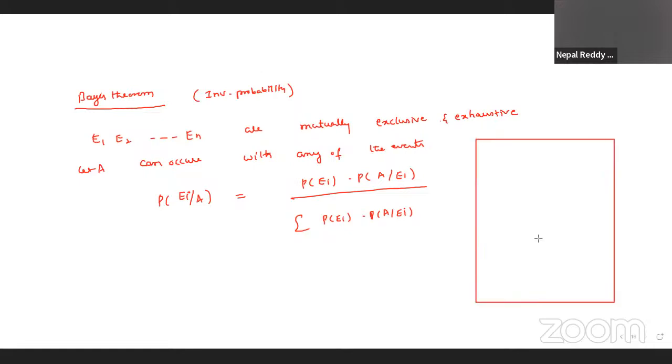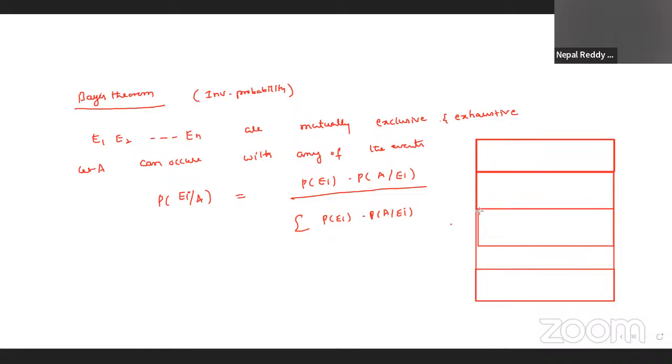Let us suppose here, mutually exclusive, exhaustive, nothing but their intersection must be empty as well as union must be the sample space. Suppose this is E1 and this is En, E2, next E3, and so on. These are the events E1, E2, E3, and so on, En.